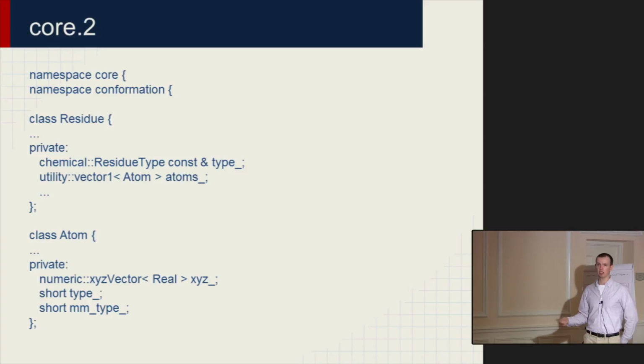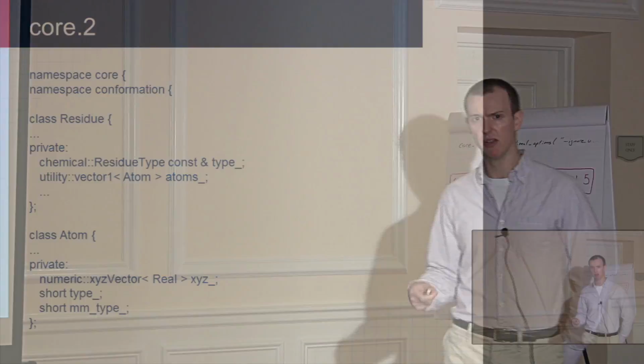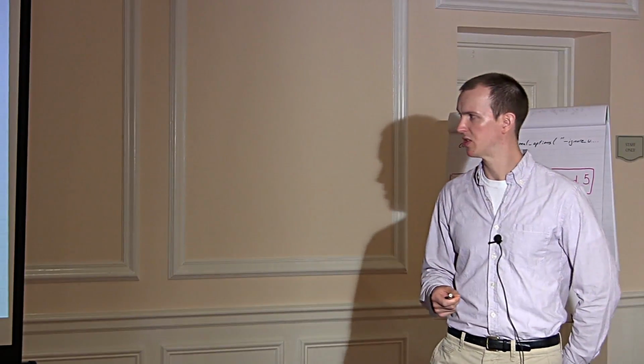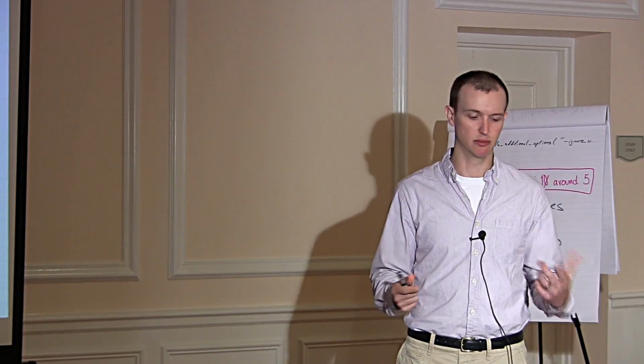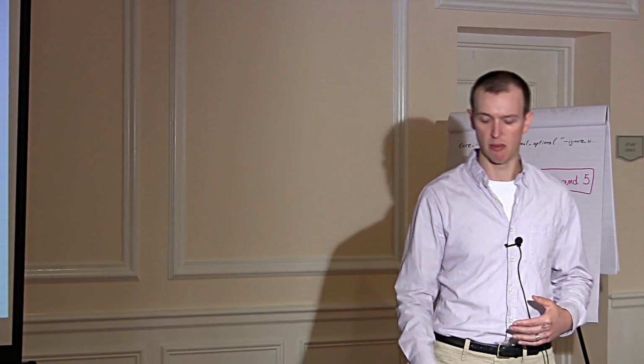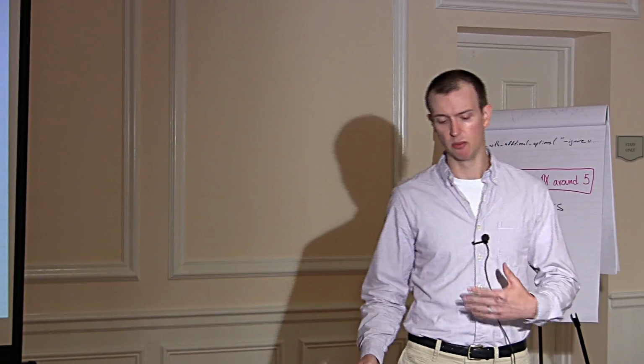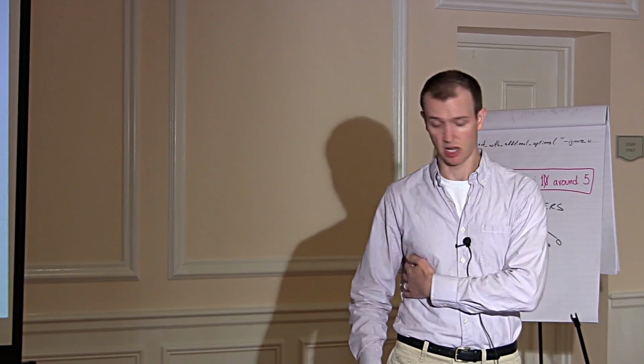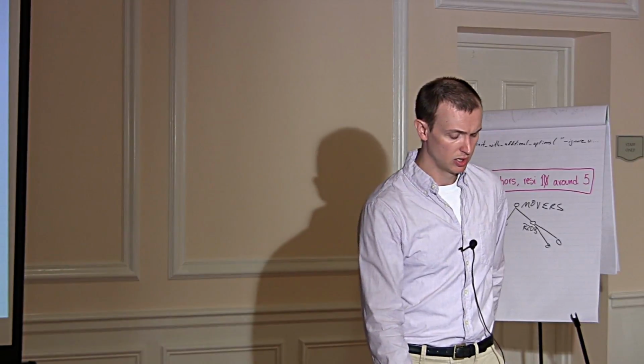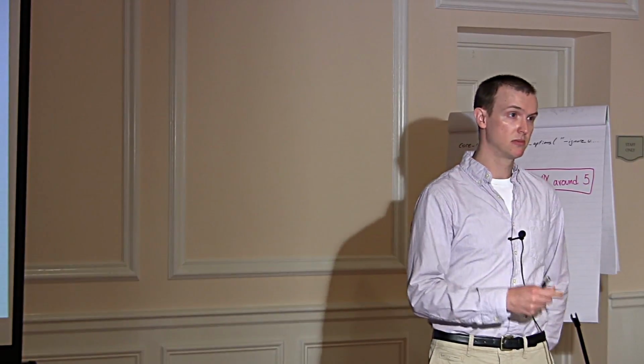It stores the atom type as used by the atom properties.txt file, and it also has an MM atom type, which is used if you're also using an MM energy function. We have a couple of these implemented here that I'm not going to say any more about.